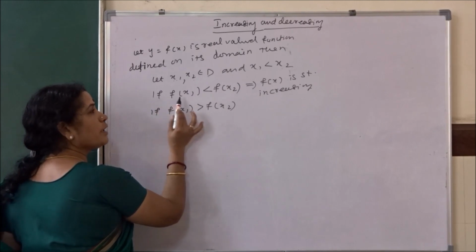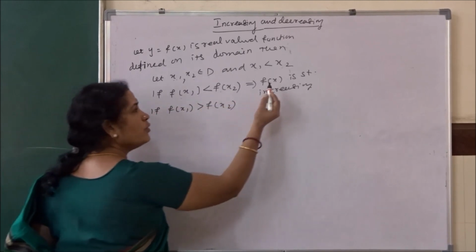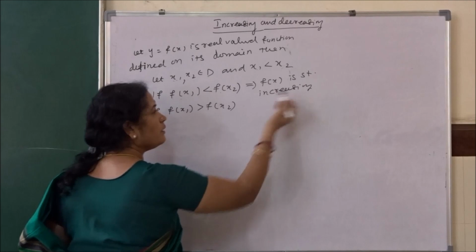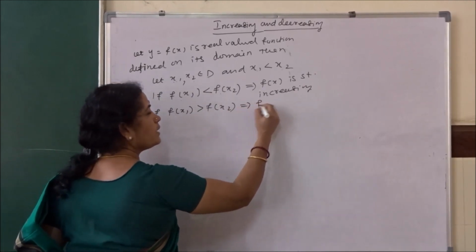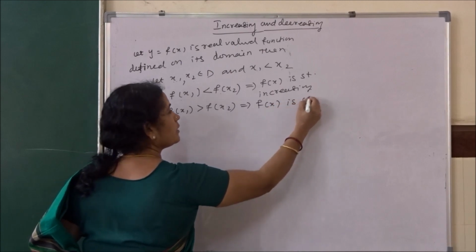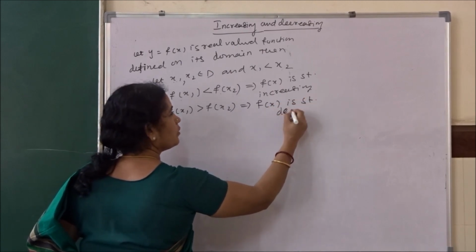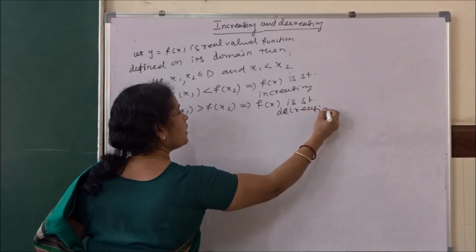Suppose if you are getting f of x1 less than f of x2, we say f of x is strictly increasing. If you are getting f of x1 greater than f of x2, it implies f of x is strictly decreasing. Okay, fine.